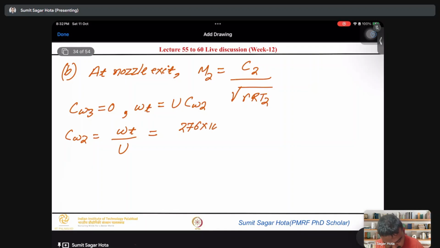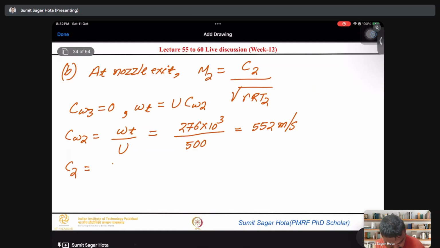Just substitute and find out the value of CW2. 276 into 10 to the power 3, I converted into joule per kg, divided by 500 is equal to 552 meter per second. So then you find out the C2.